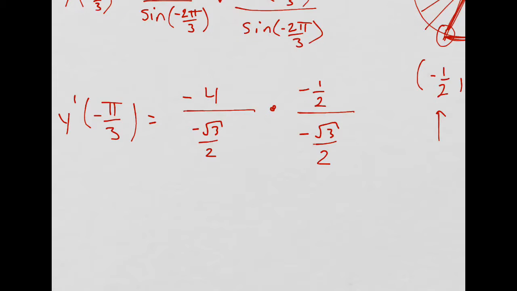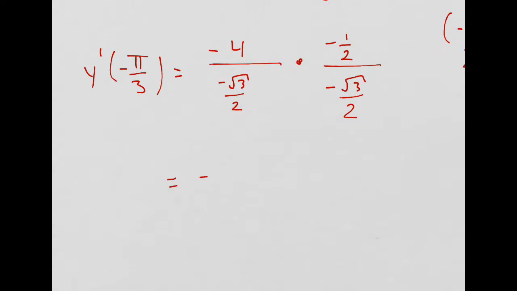Two fractions, I'm just going to flip the second one and multiply to the top. I'll do the same here. Flip the second and multiply to the top. So really what I have is negative 4 times 2 over negative root 3. And that's like a 1 there, right? And then times negative 1/2 times, what, 2 over negative root 3. So those cancel. That's nice.